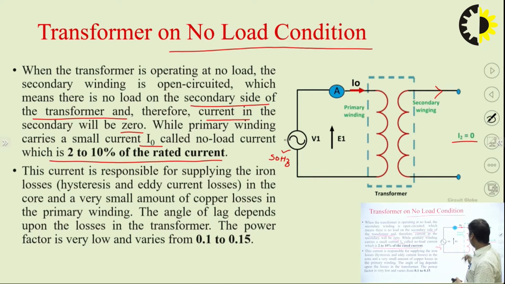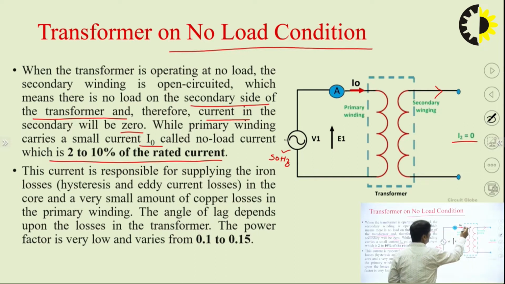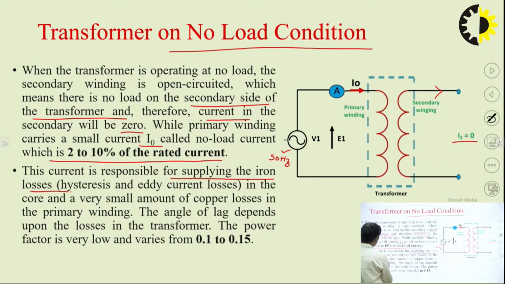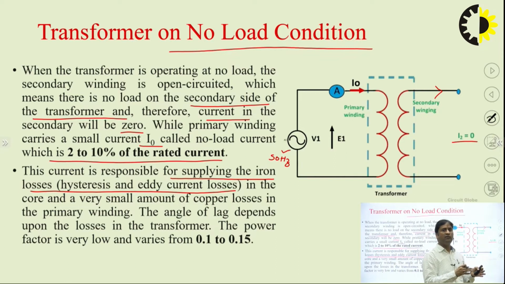E1 and E2 are the 2 induced EMFs in the primary winding and secondary winding of the transformer. The current is very low, and it is responsible for supplying the iron losses. We know that the losses in the transformer are of 2 types, iron loss and copper loss.